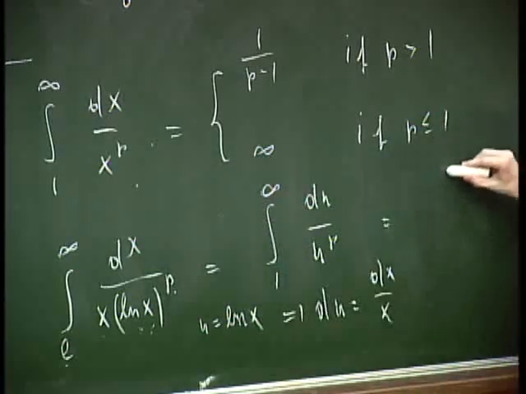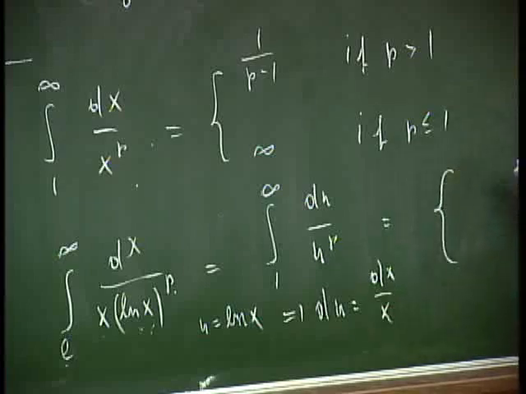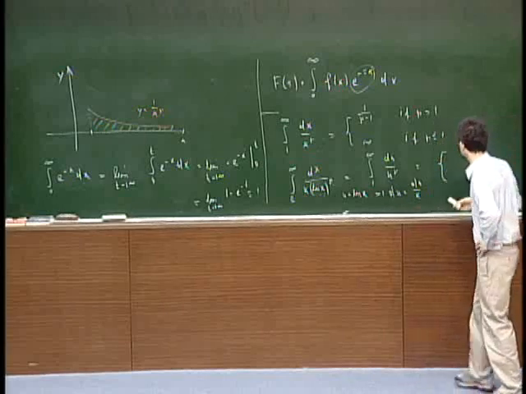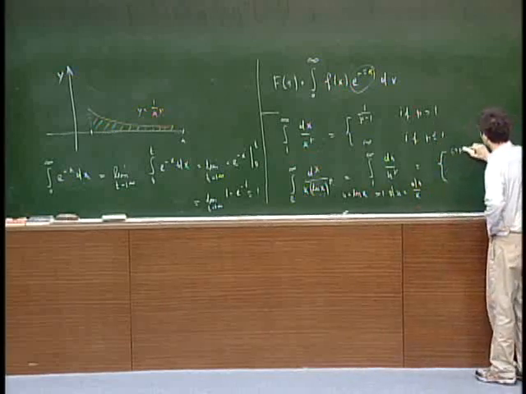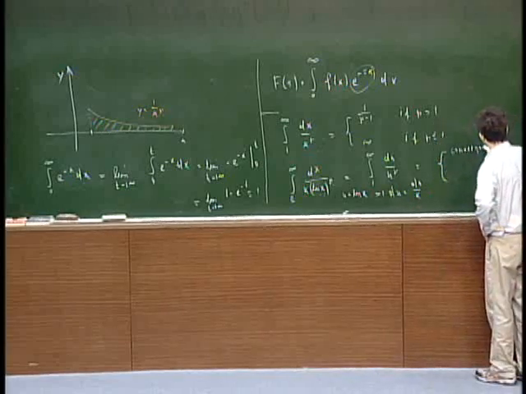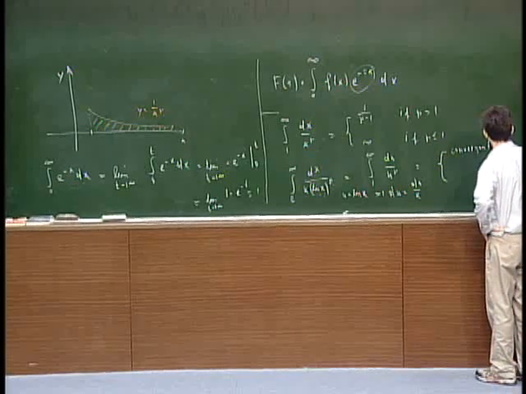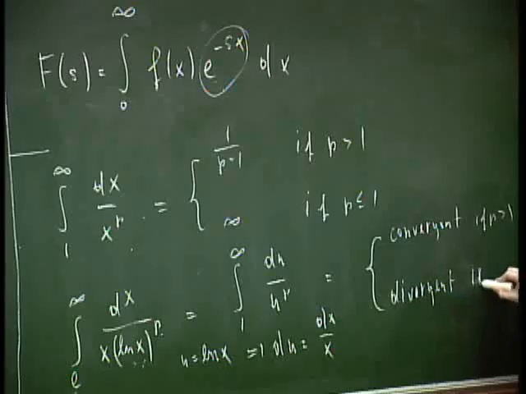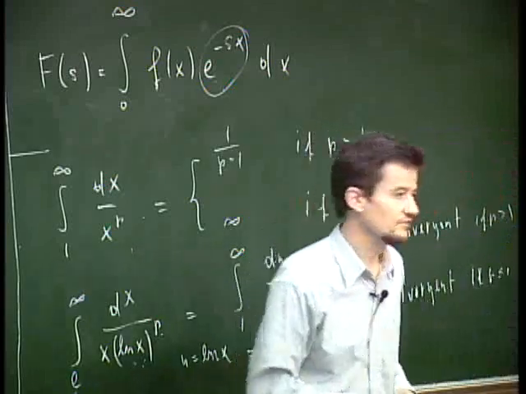So if I'm just interested in convergence and divergence, this will be convergent if p is larger than 1, and divergent if p is smaller or equal than 1. This is helpful sometimes.